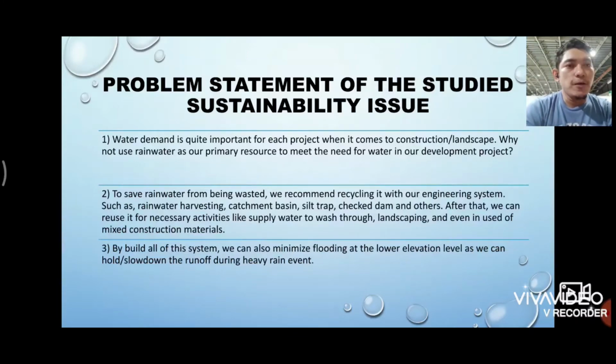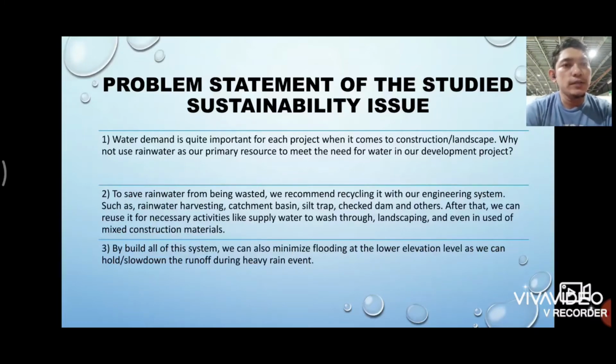First, water demand is actually a very crucial requirement for every development project or landscaping. Why don't we just recycle it and use it as our primary resource in our development project? Second, rather than wasting the rainwater, we apply engineering systems, like rainwater harvesting, catchment basins and others.